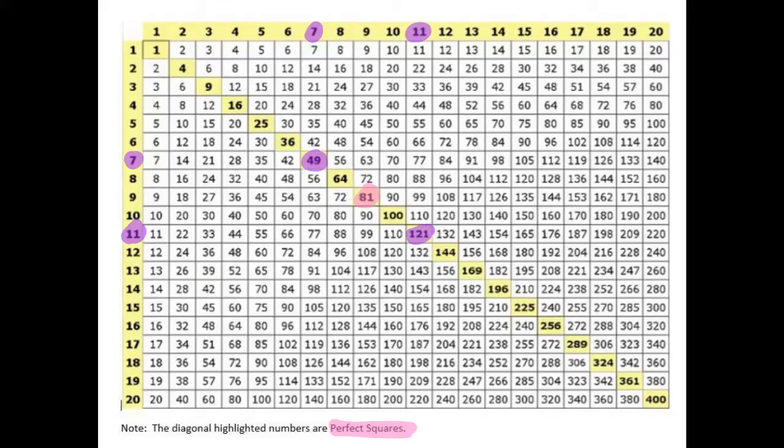Good. What if I ask you what's 12 squared? 144. Okay, that's how you read the table. For the perfect squares, it's all the diagonal ones there. So the common ones, usually you want to know the first 10. Those are the most common ones that show up the most. But occasionally you might get some of the bigger ones.